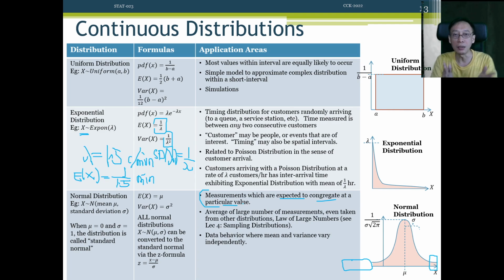Now, it can be artificial. For example, we are having a factory producing mobile phone screens, which by design should be 10 centimeters long. But when you measure it very precisely to the third decimal place, micrometer, whatever, you might find that it fluctuates a lot.